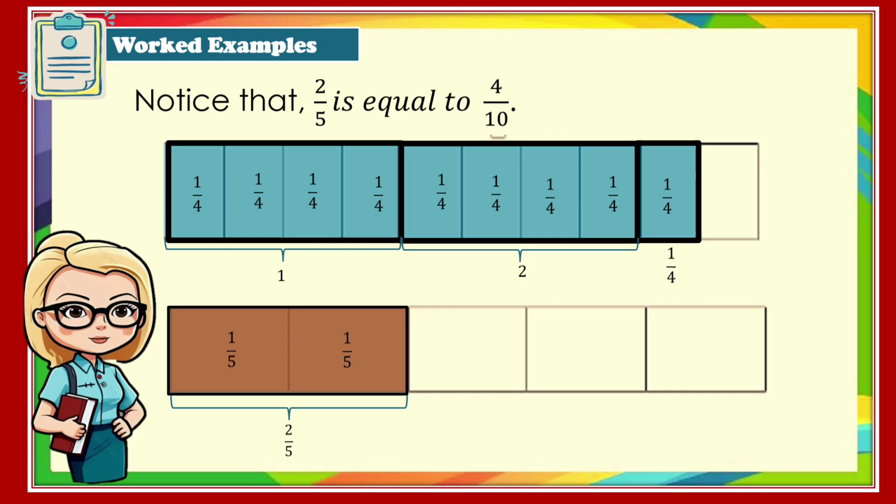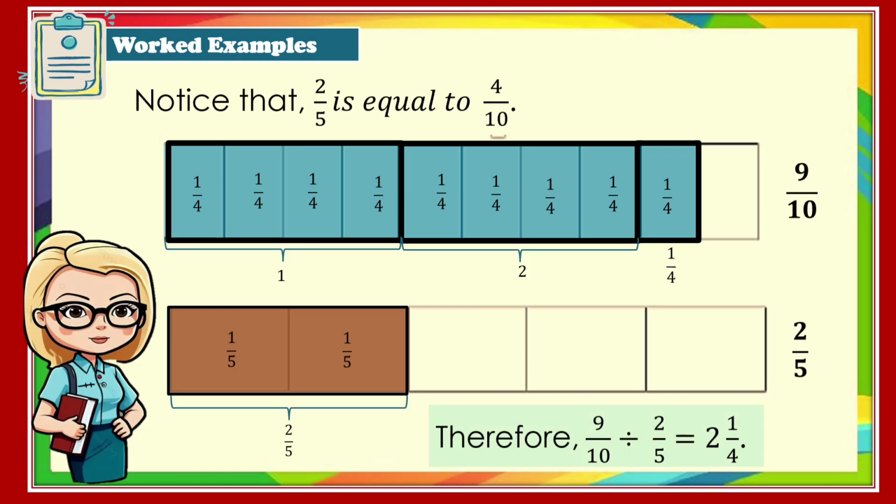That is 1 part of the 4/4, or 1 out of 4 equal parts. So therefore, if we are going to divide 9/10 by 2/5, the answer is 2 and 1/4 as shown in the illustration.